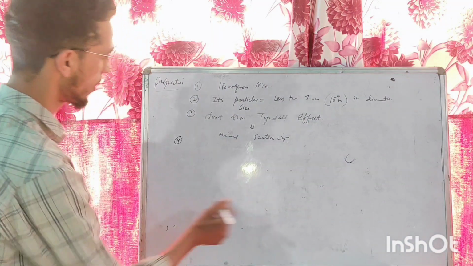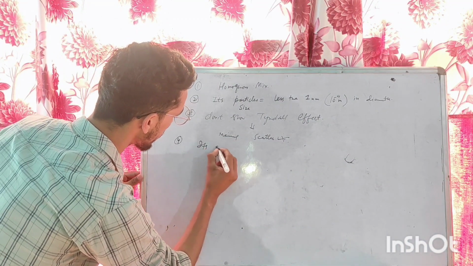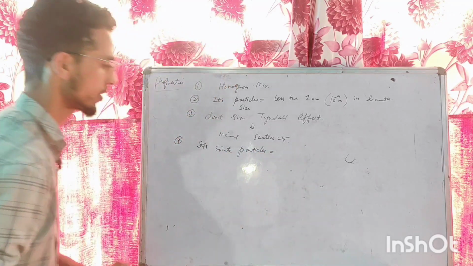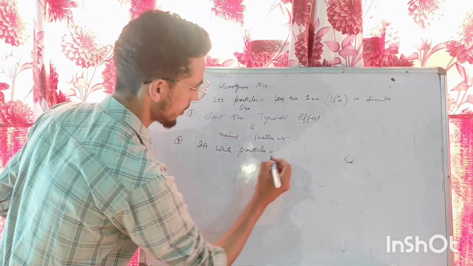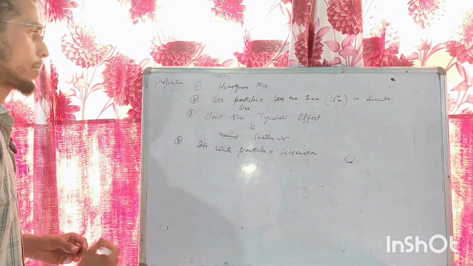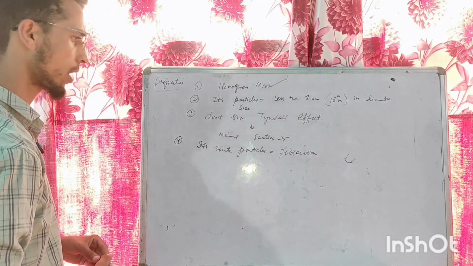Now the fourth property is that solute particles cannot be separated by the process of filtration. They cannot be separated by filtration either because they have uniform composition.